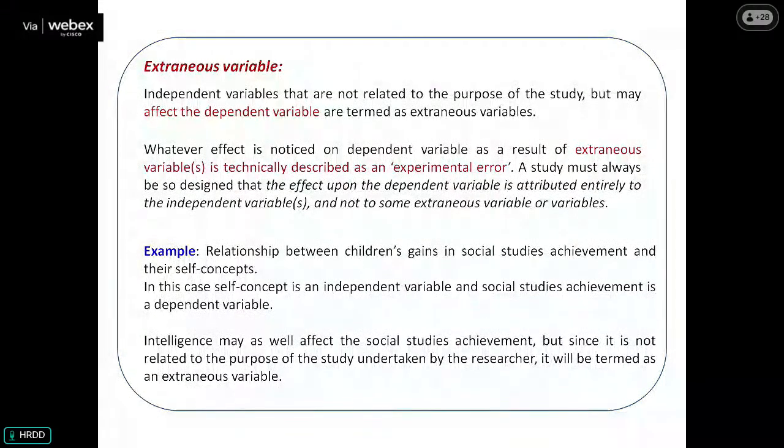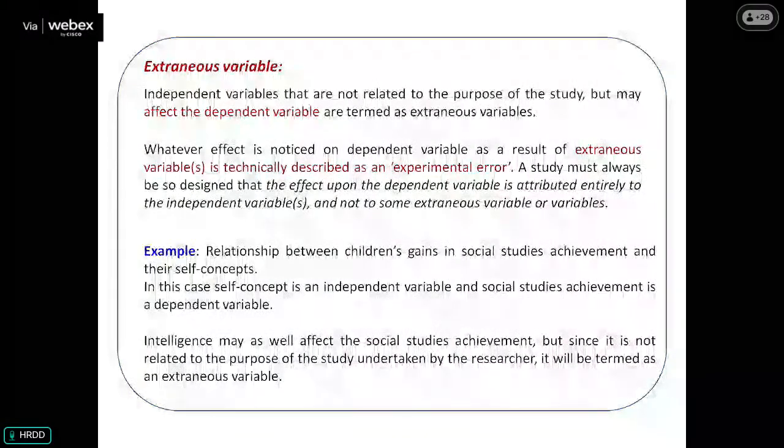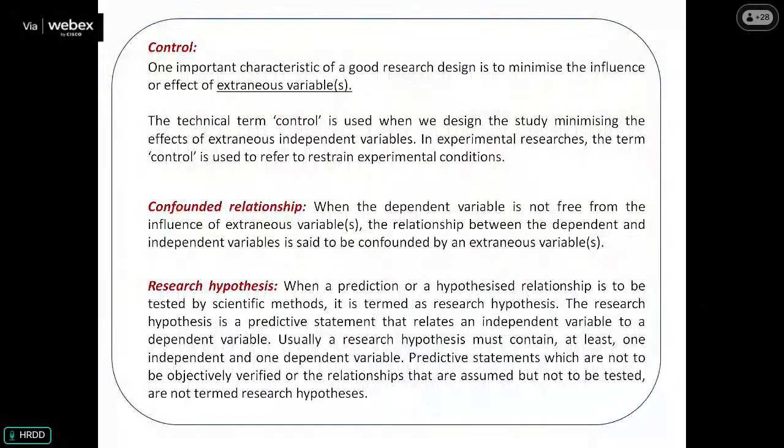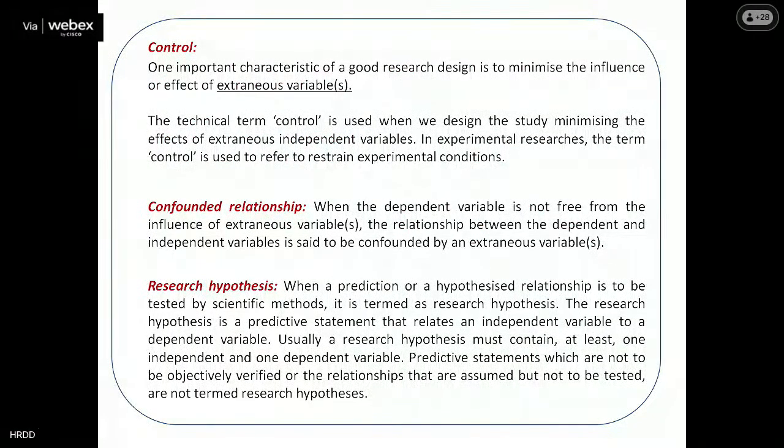Somebody who is studying 1 hour is getting higher marks than somebody who is studying 10 hours, right? So here the intelligence level is giving an error to your data, and you are bound to come to a biased or erroneous conclusion. So design should consider the extraneous variable. Third thing is control. Control means one important characteristic of a good research design.